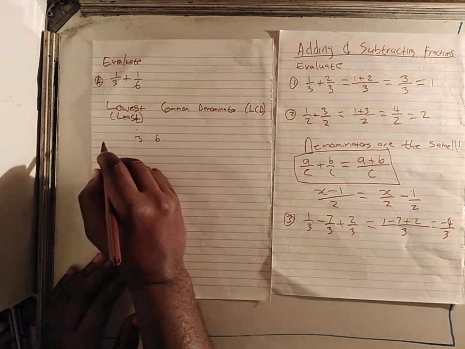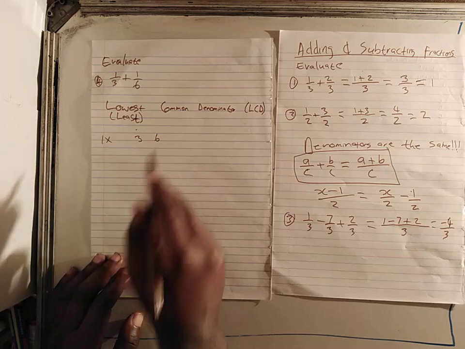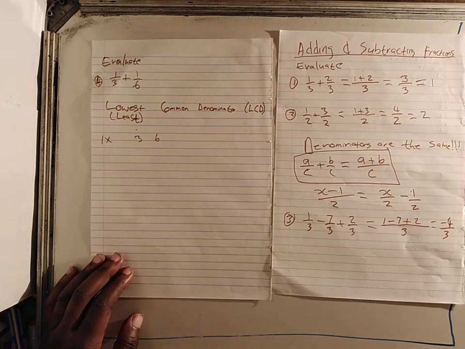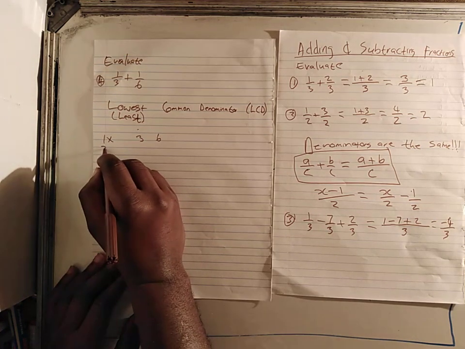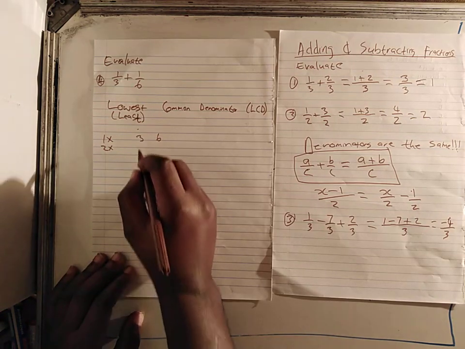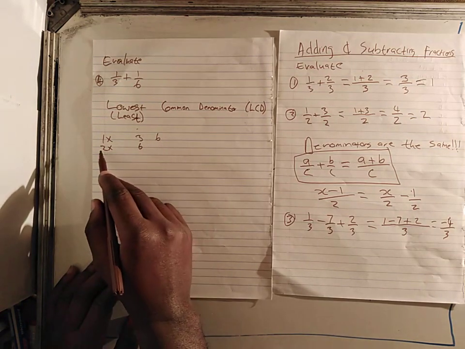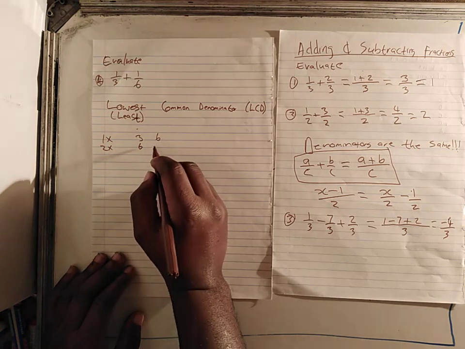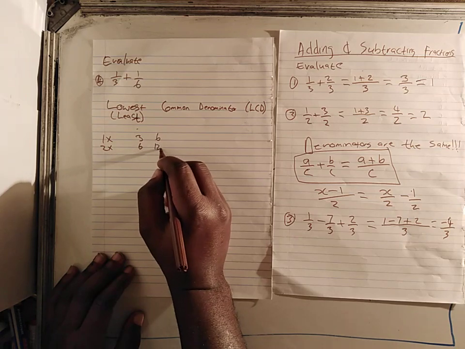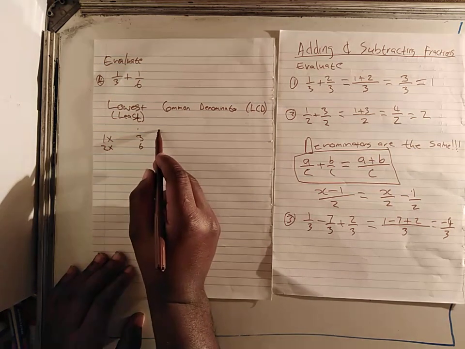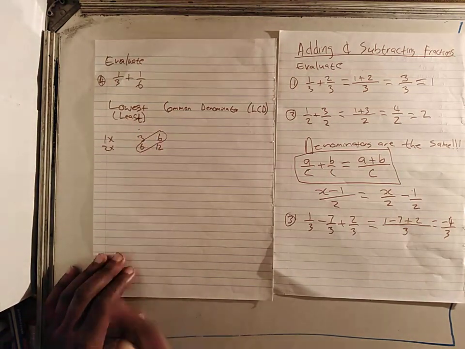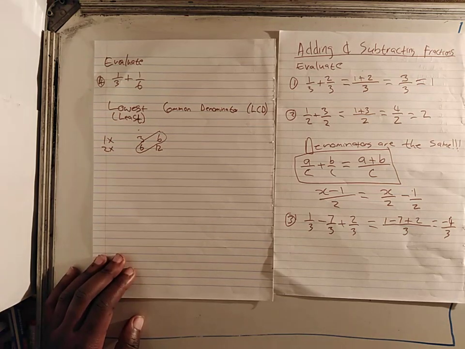For example, 1 times these, you will get 3 and 6. Say now you say 2 times this, what are you going to get? 2 times 3 is going to be 6, and then 2 times 6 is going to be 12. There we go, ladies and gentlemen. You've got a common number between the table of 3 and the table of 6.